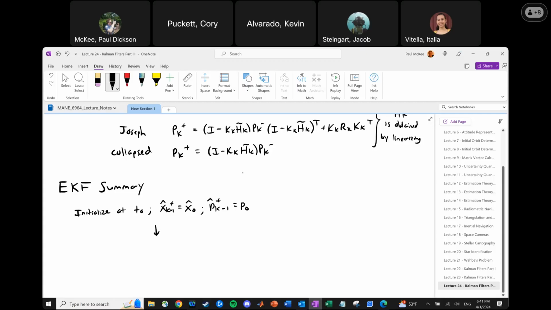This is the same initialization as before. And also we gather a new measurement at time tk. So we get yk and Rk.